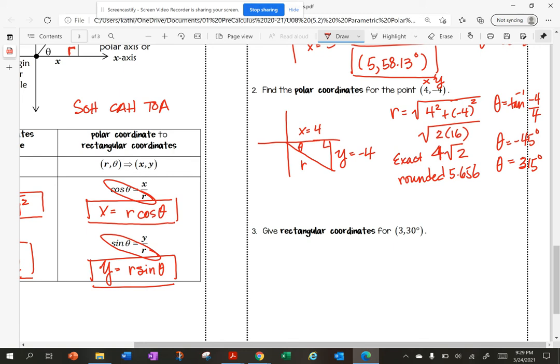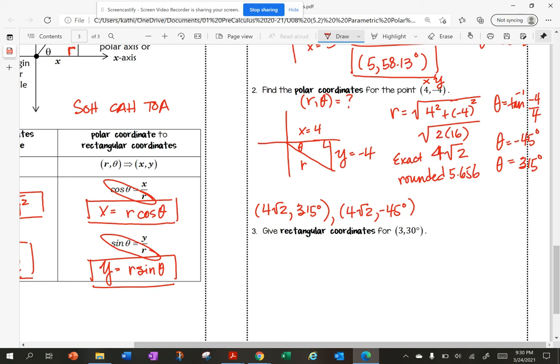So I can state my answer a couple different ways, because I'm looking for r and theta. With my exact answer, I can say it is 4 times the square root of 2, 315 degrees. I can also state this as 4 times the square root of 2, -45 degrees.